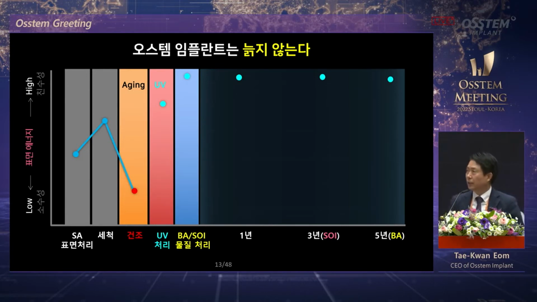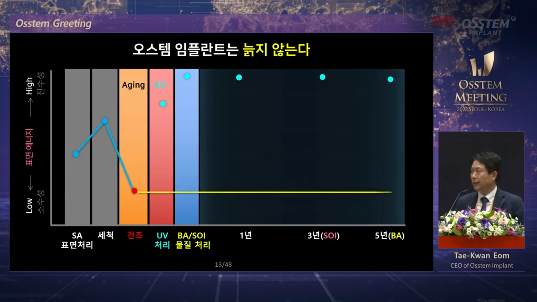So it is wet, energy goes up. The problem is the aging, drying. All the implants are dried after surface treatment, so aging would be done. So the surface energy would become hydrophobic. If it is not hydrophobic, drying is not complete.